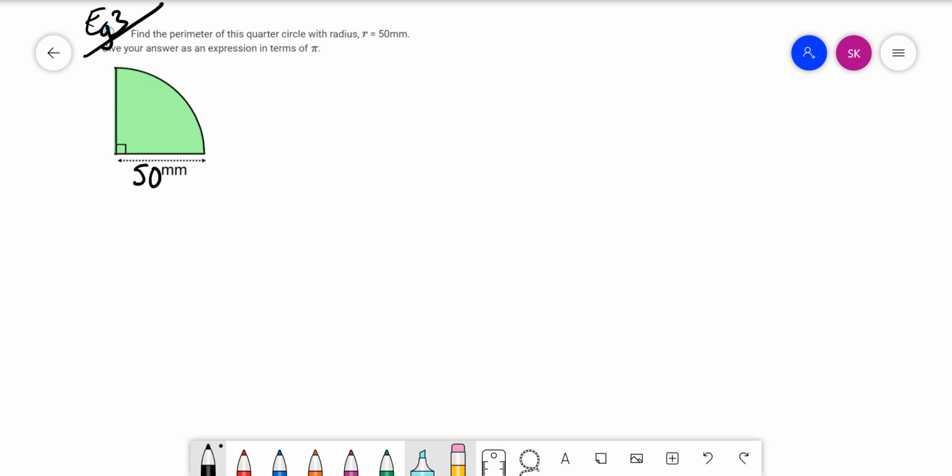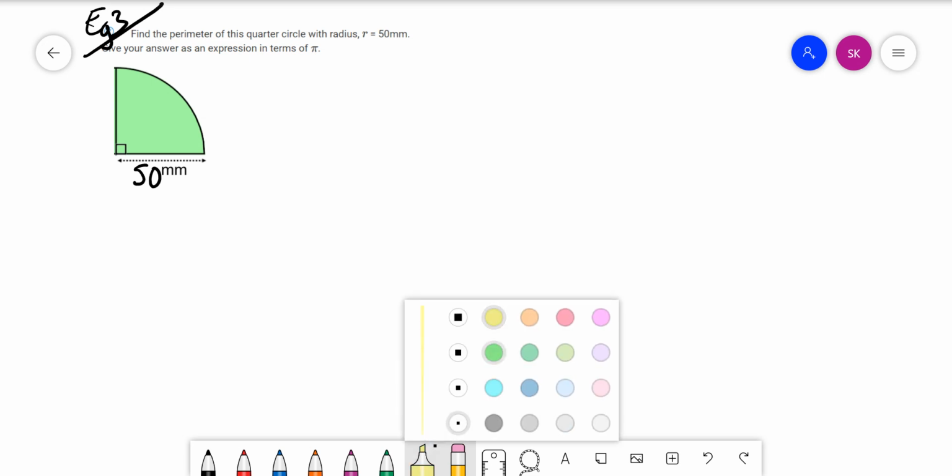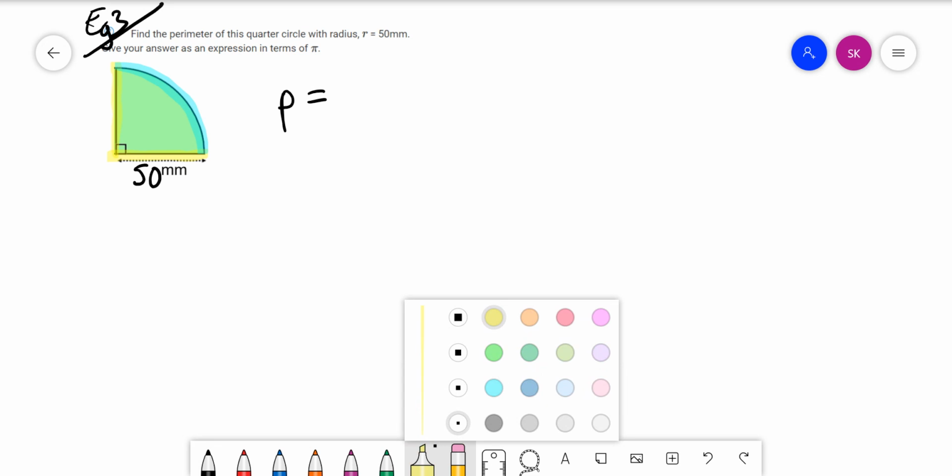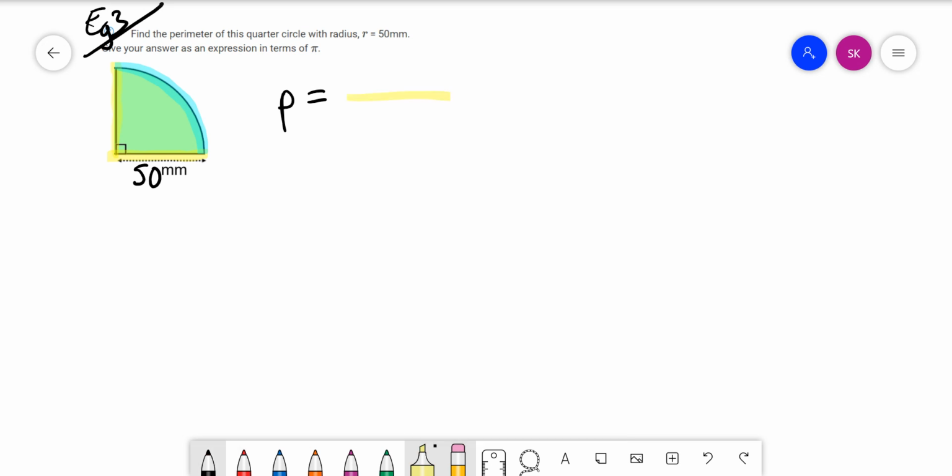So the perimeter is the distance around a 2D shape. So we're adding that, plus the arc again. So we can see the first yellow side, it's labelled for us, is 50 millimeters.